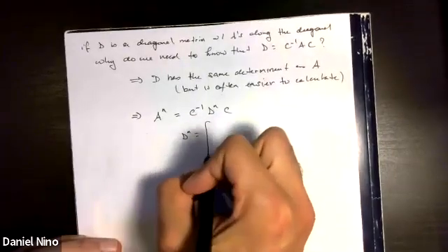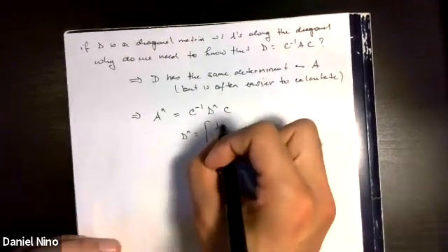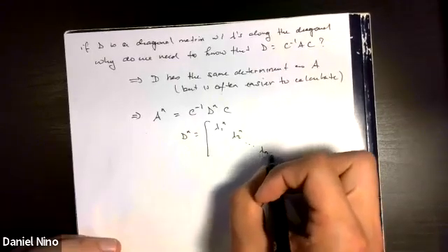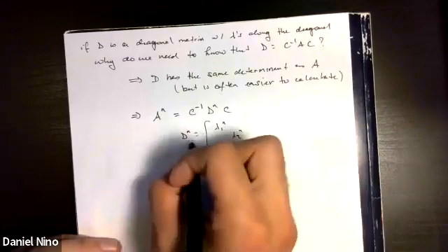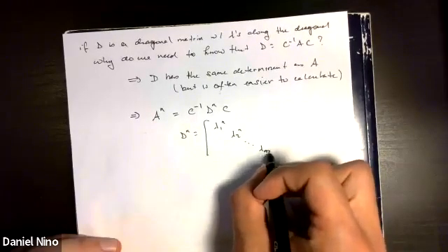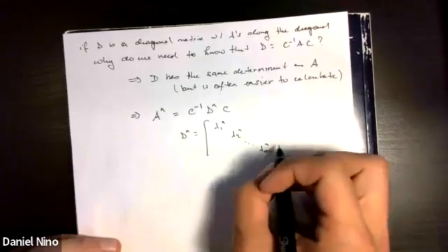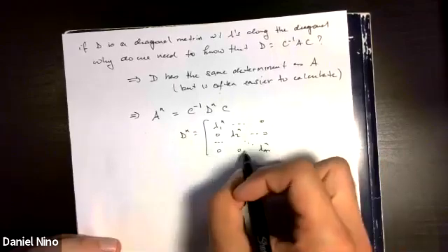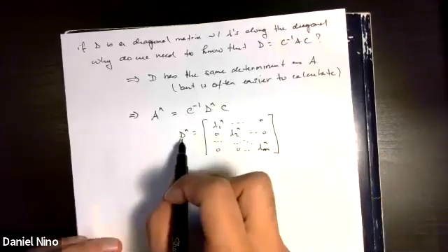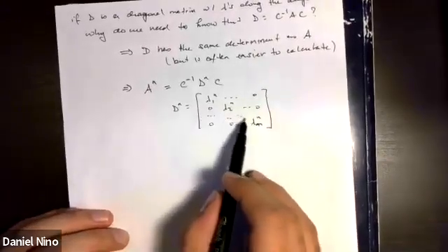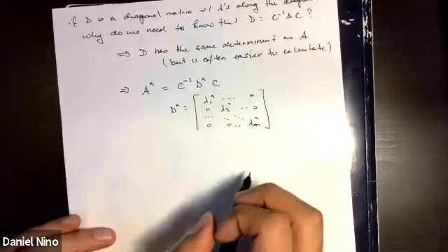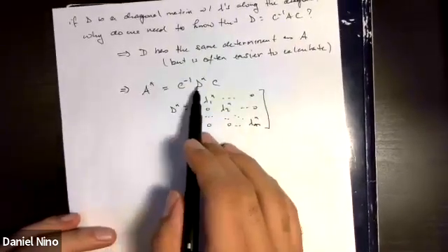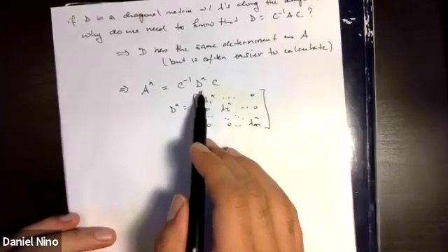And because D is a diagonal matrix, the nth power of your diagonal matrix D is found by just raising each of the eigenvalues to the nth power. So this is a much more efficient way of calculating the nth power of A than doing it by hand.